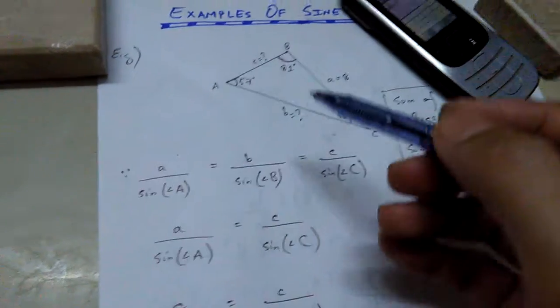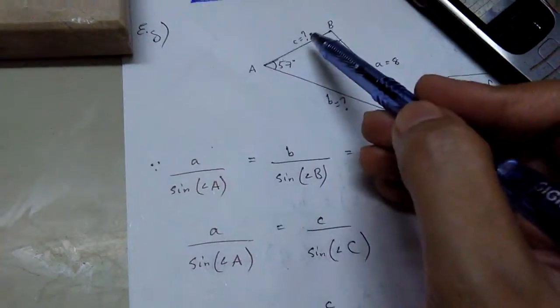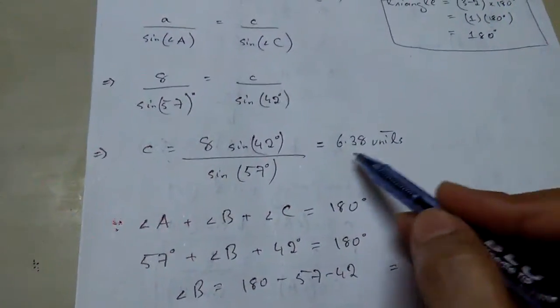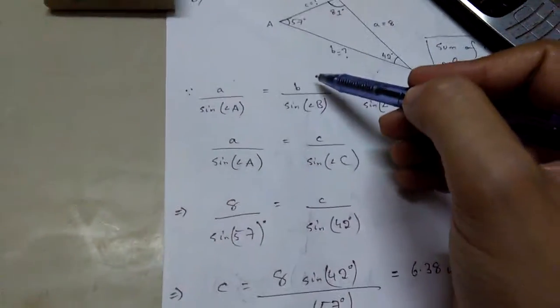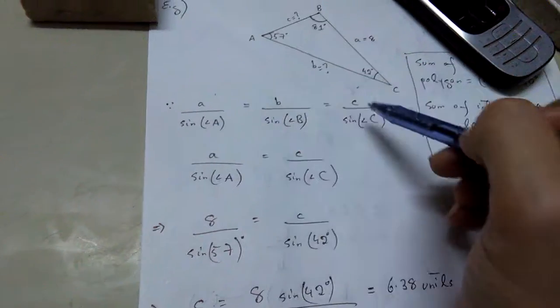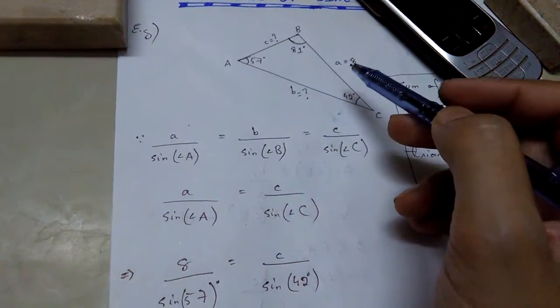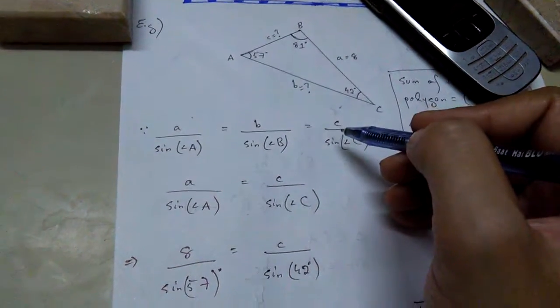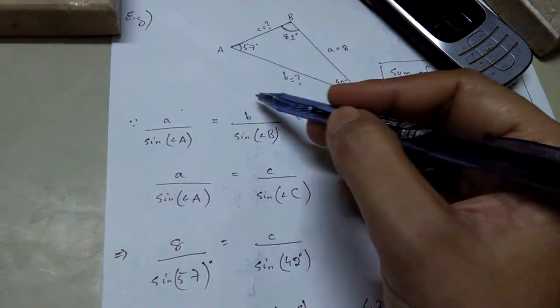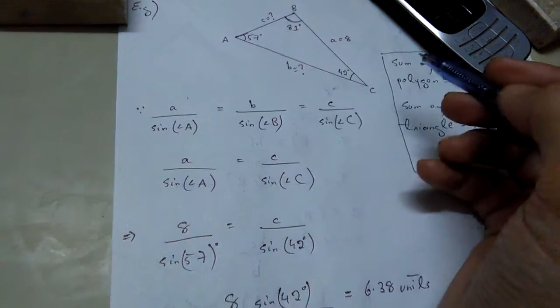Now we are free, because we know the value of c that we calculated over here. So we can compare this ratio either through this or through this ratio. We now have the freedom, so it is our choice. I just decide to pick this one. I'm going to compare this ratio with this one.